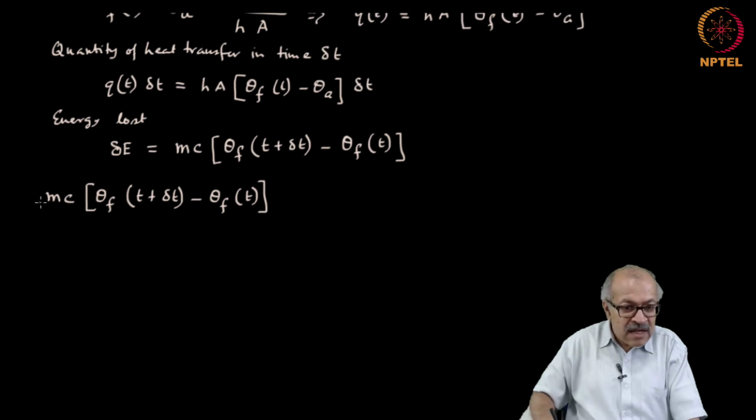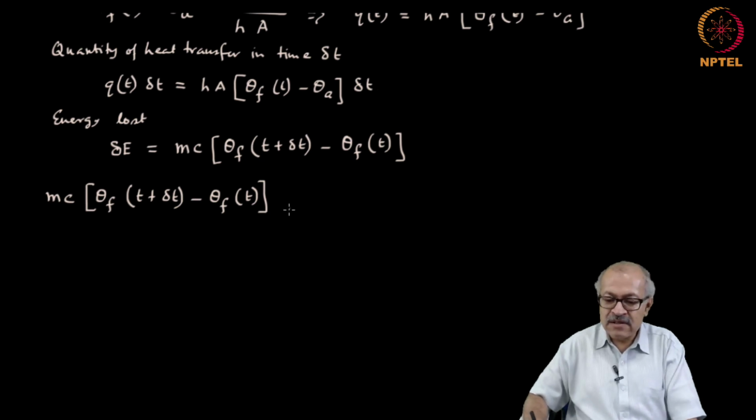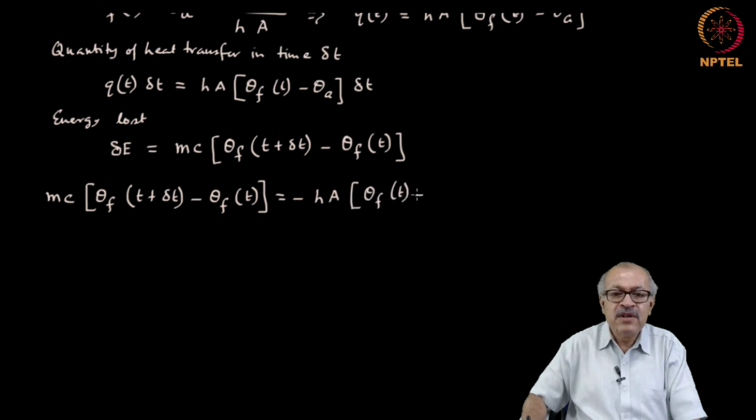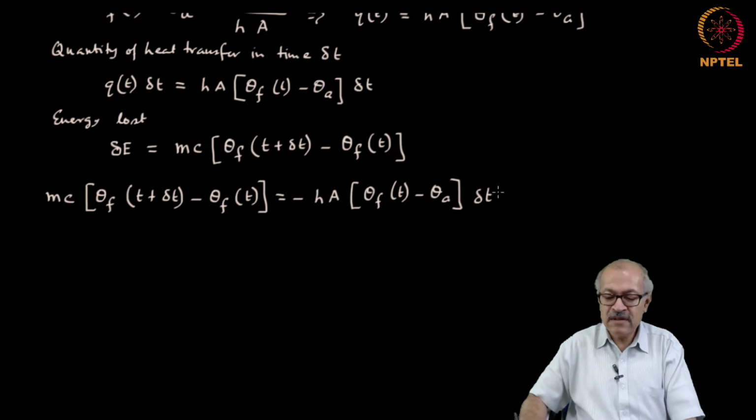Now, this is a heat loss, therefore, this also has to be expressed as a heat loss. So, we have to write it as is equal to minus H A times theta f at T minus theta A times delta T, right.